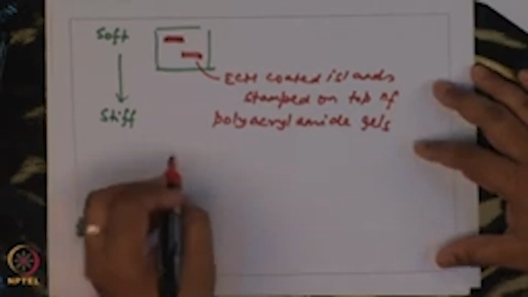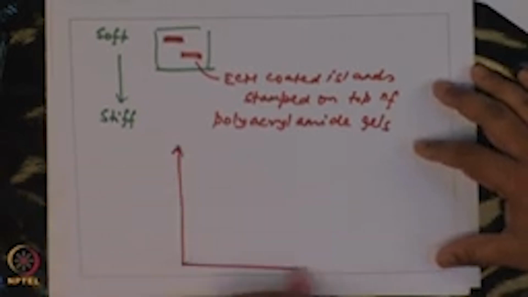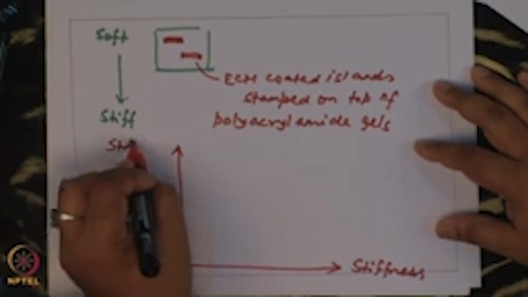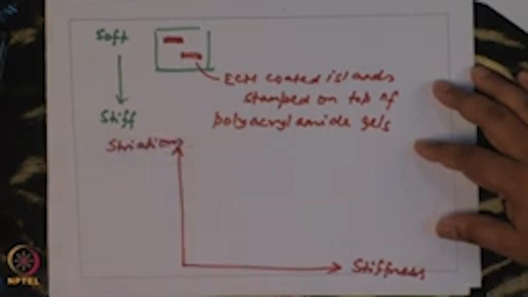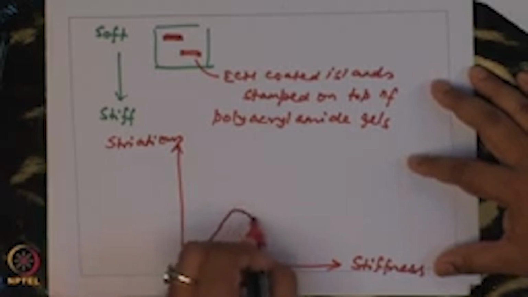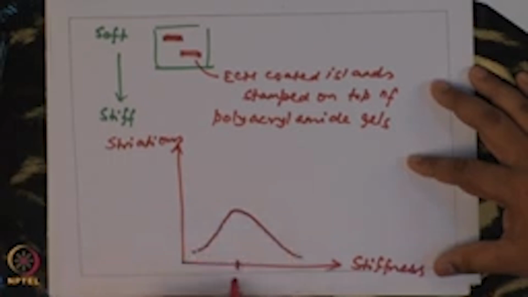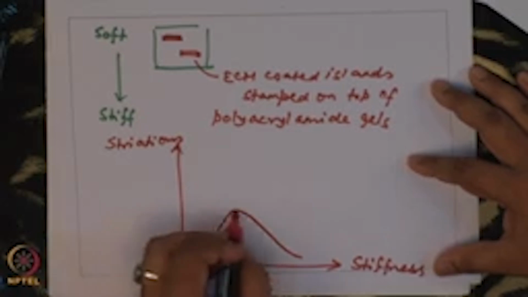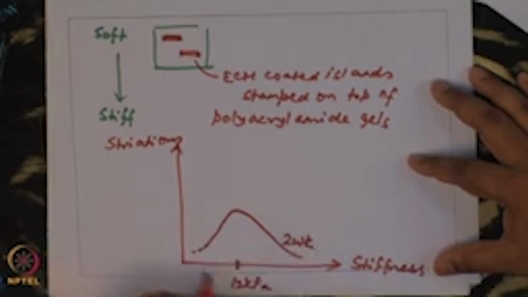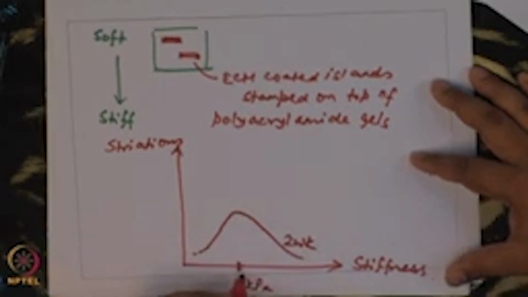Okay. So, what the authors observed was as a function of stiffness, and the y axis was striations. What they observed was, at early time points, these cells exhibited a peak at a 2-week time point on gels which were roughly 12 kilopascal in stiffness.